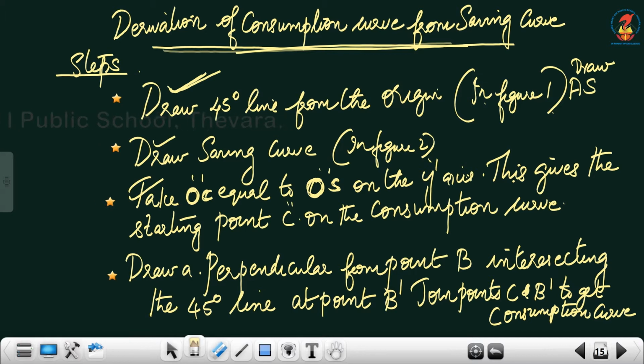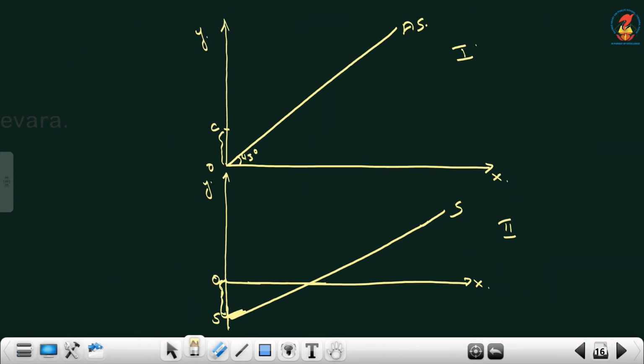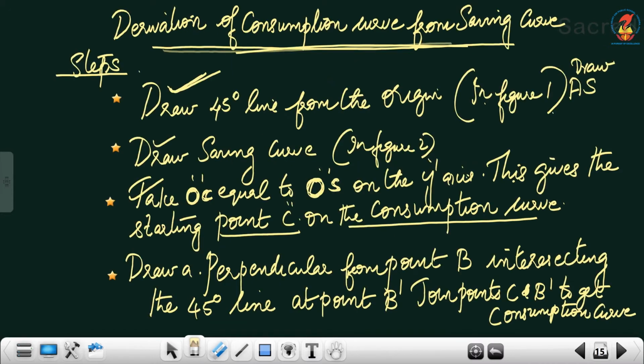This gives the starting point C on the consumption curve. Now what is the next step written? Draw a perpendicular from point B intersecting the 45-degree line at point B1.